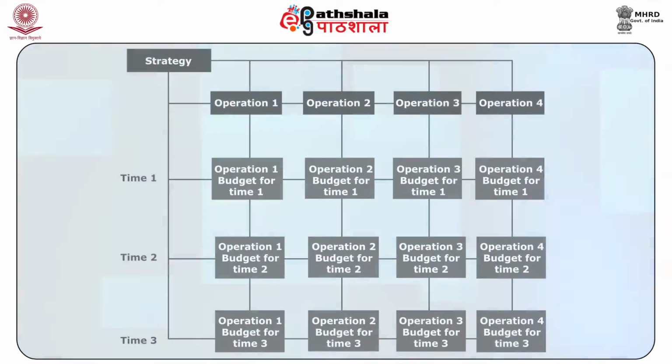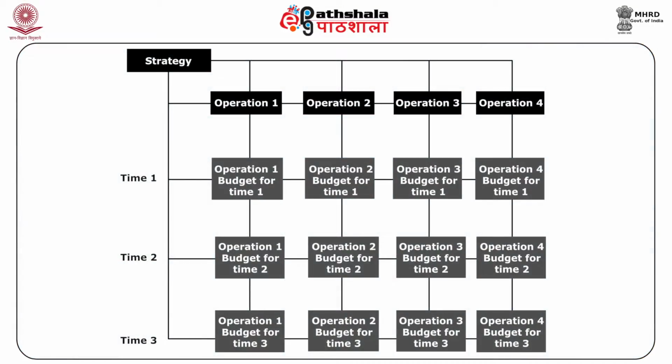Diagrammatically, it can be shown as follows: we have an overall strategy which is divided into 4 different operations, and at time level 1 the operation 1 is effective and there is a budget for it at time 1. Similarly, there are budgets for operation 2, operation 3 and operation 4.